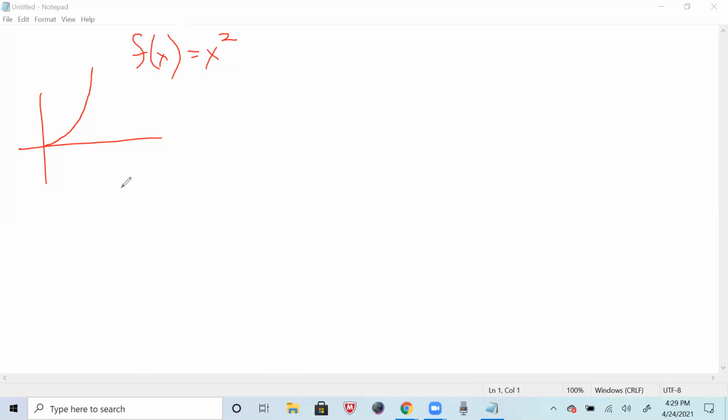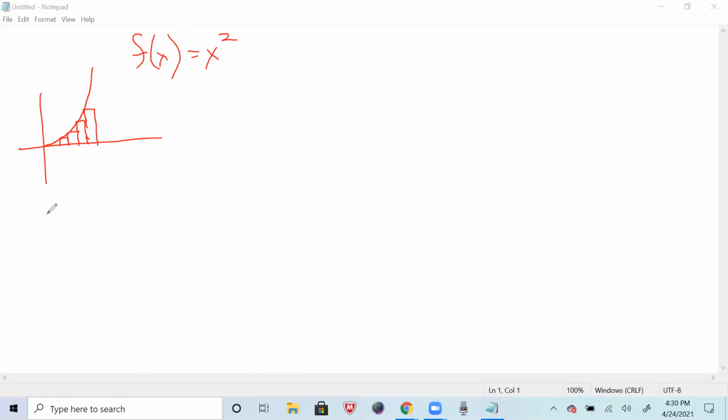Let's say I am going to divide that into 4 rectangles using left hand. The first rectangle I'm going to put there, next one there, next one there, and the fourth one's going to go there.